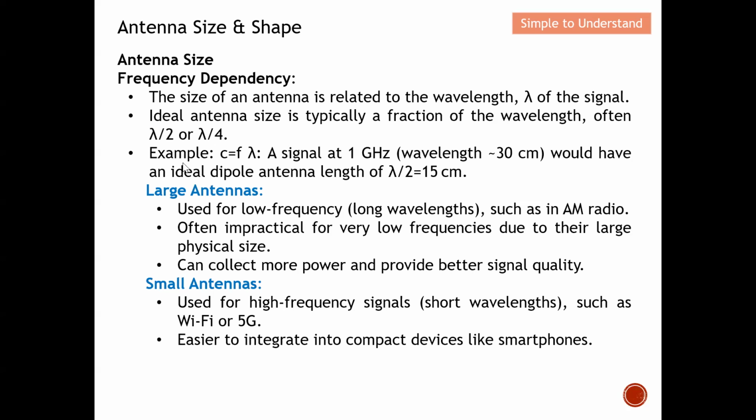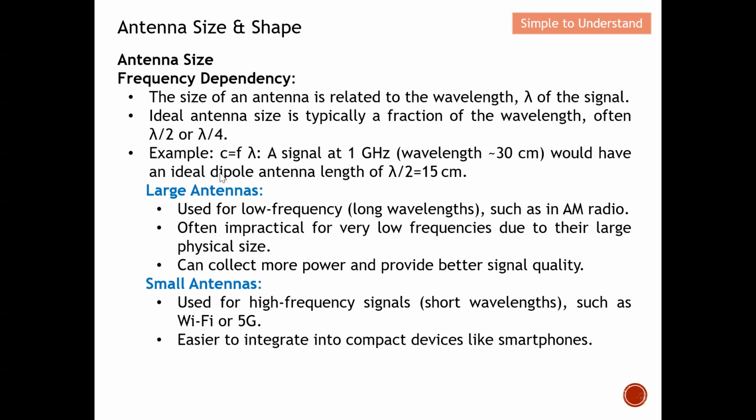Let me give you an example. C equals f times lambda. C is the velocity of the EM wave propagation. Let's take it as the speed of light, which is 3 times 10 to the power 8 meters per second. f is the frequency and lambda is the wavelength. For example, when we have a signal at 1 gigahertz, taking the velocity as the speed of light, the wavelength will be around 30 centimeters.